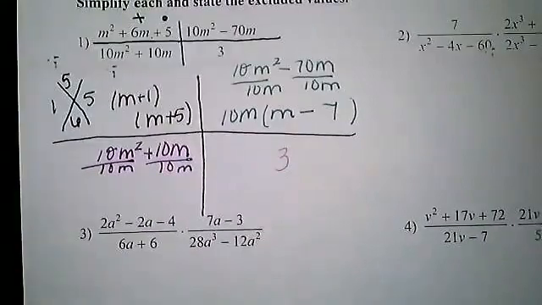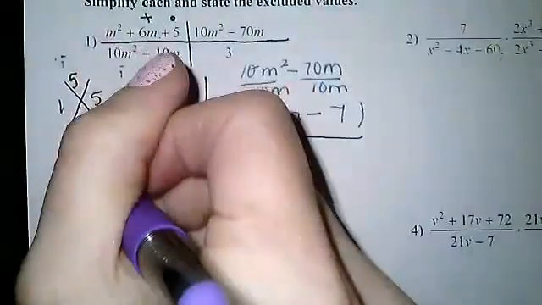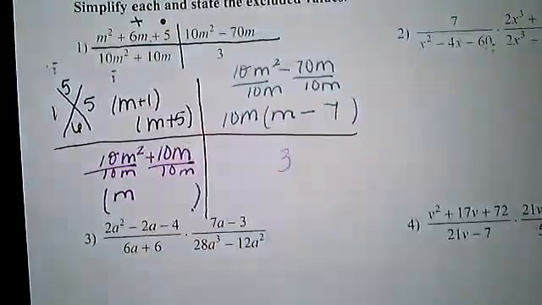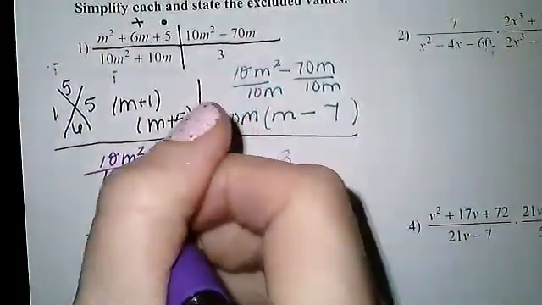Oh, just 10 or 10m? By 10m. Divide by 10m. Now you get m. Oh, okay. So you get an m left over. Okay. I get it now.